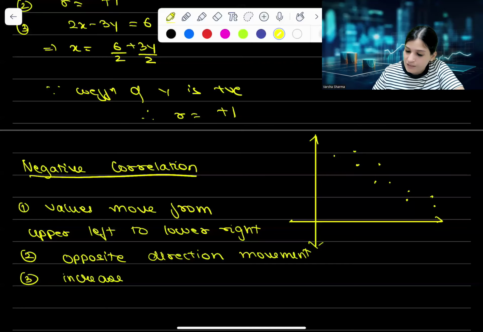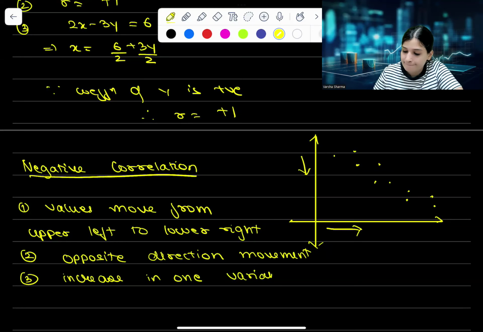Increase in x, but the height is going down. So y is decreasing. Increase in one variable results in decrease of the other.